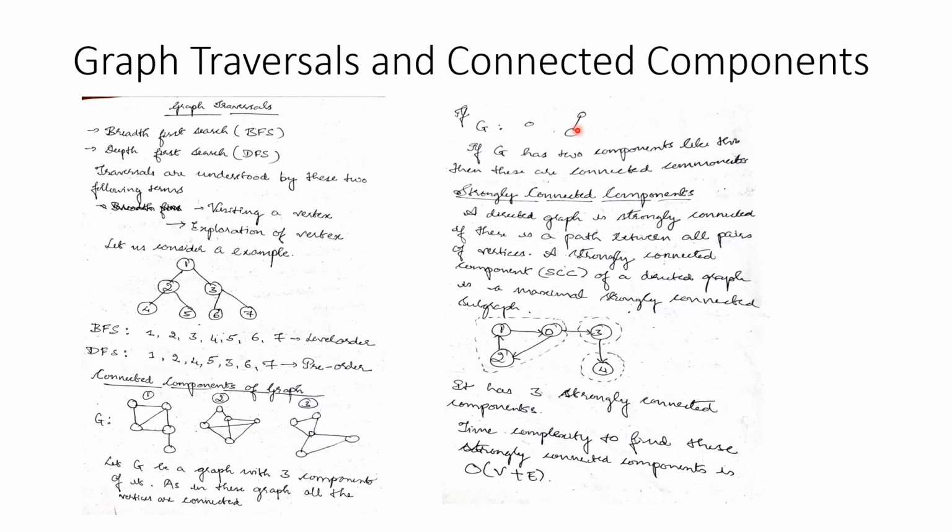Next, what we have to understand is the strongly connected component. So what is a strongly connected component? For any given directed graph, you say it has a strongly connected component only when the directed graph is a maximally strongly connected graph. What do you mean by maximally strongly connected graph?